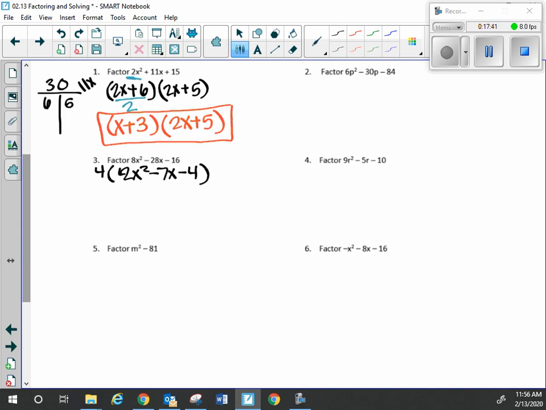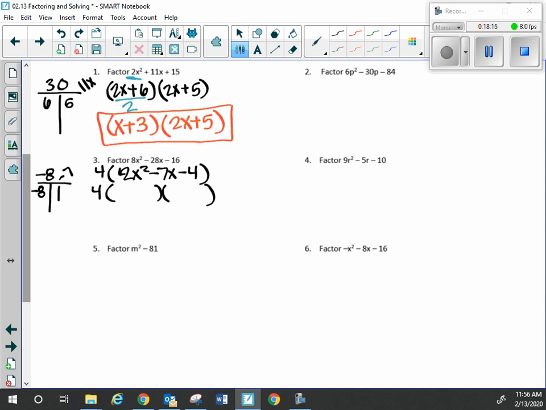Now, using what you have inside those parentheses, but remember at the end, that 4 is still there because the 4 is meaningful to us, in order to get back to where we started. Okay, so -8 that has a sum of -6? -8 and +1.